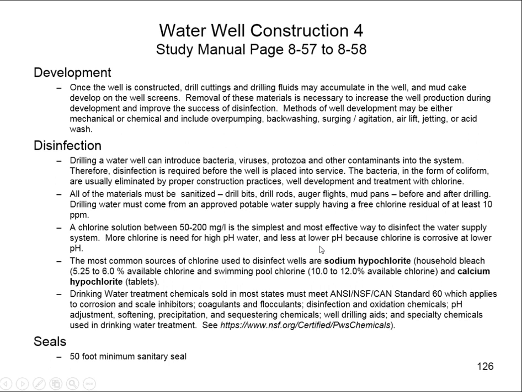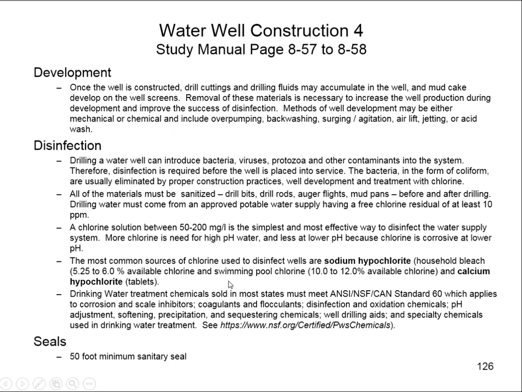And at lower pHs, chlorine is corrosive. And we use household bleach as our main method of disinfecting wells. So we're looking at about 5.25 to 6% available chlorine.